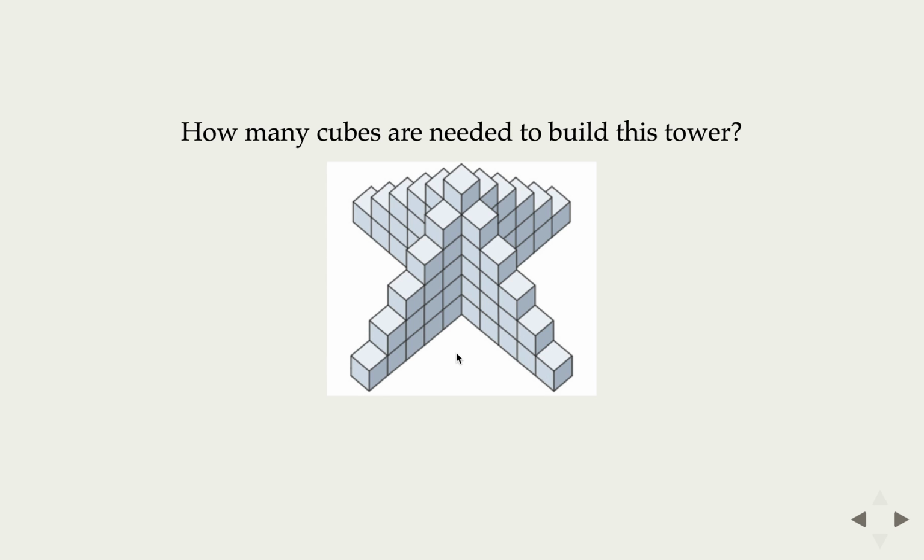So here's how many cubes are needed to build this tower. When you think about it, we have to count by the layers. Let's see how many layers we have. We have one on the very top, and then two, three, 4, 5, 6 layers. And then we observe a pattern here.